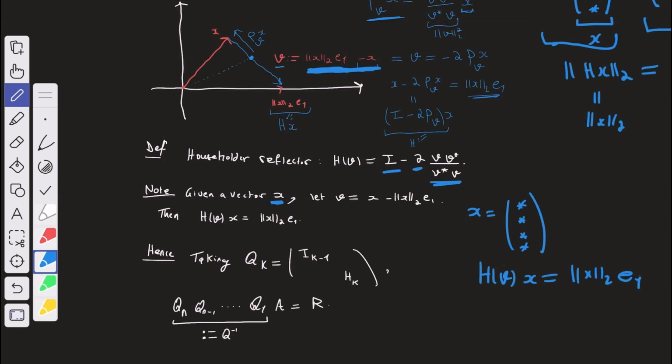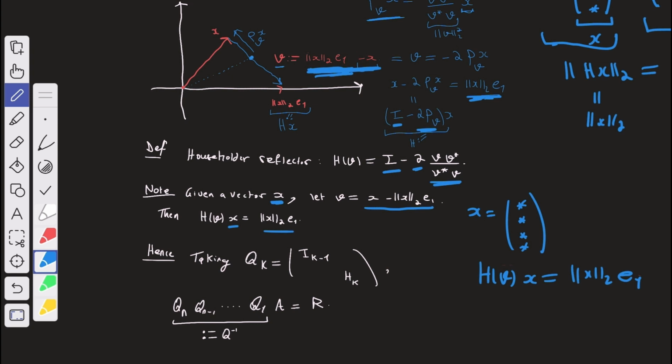It is this choice of v that we took, which resulted in the following. If you multiply x by the matrix identity minus 2 times projection onto v, you get this vector. So you make this choice over here, and you multiply x by that vector.